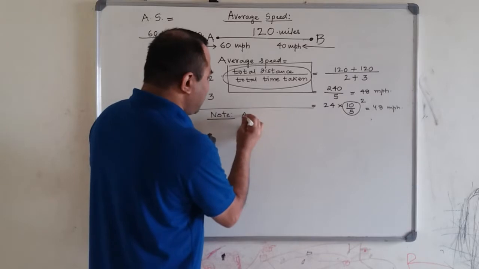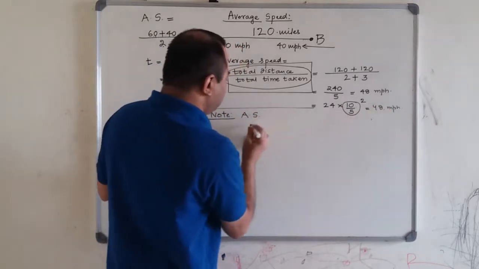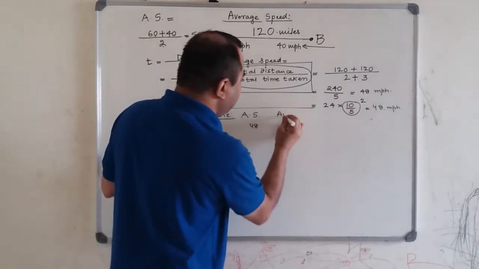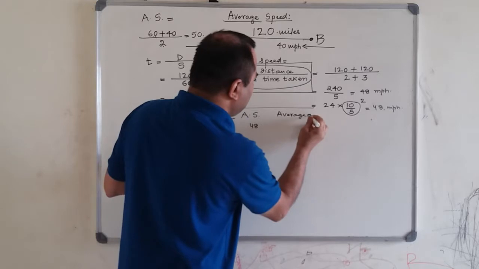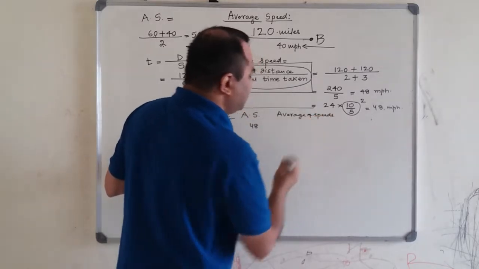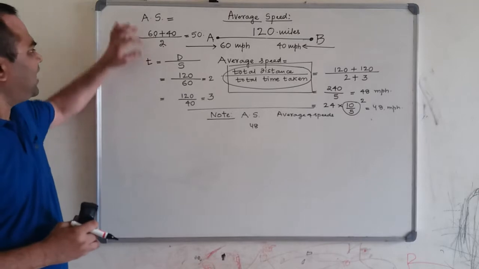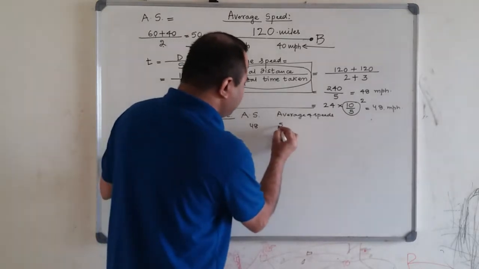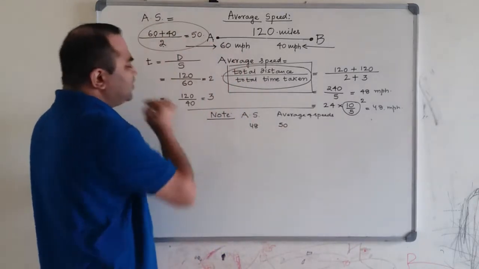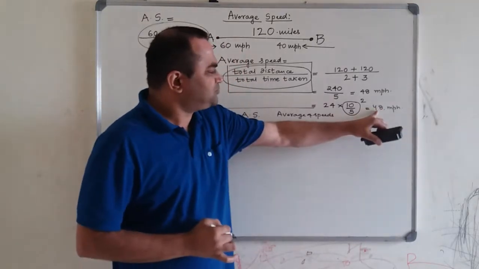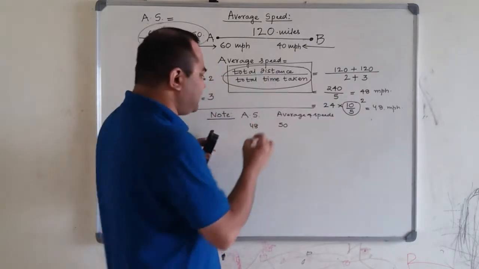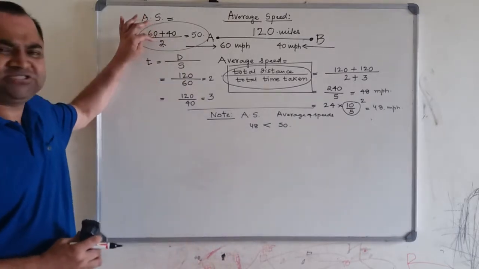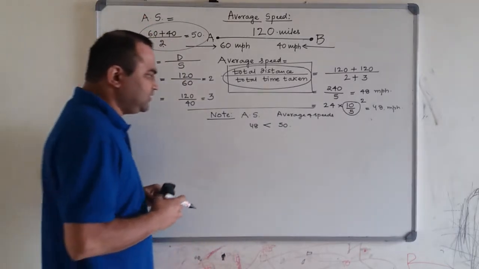If you observe, average speed, that is the correct one, is 48 miles an hour, while average of the speeds, which implies the statistical kind of average obtained by applying the statistical average formula, is 50, as we have seen here. So the right value of average speed obtained by the proper method will be less than the incorrect value found by applying the statistical method for finding average.